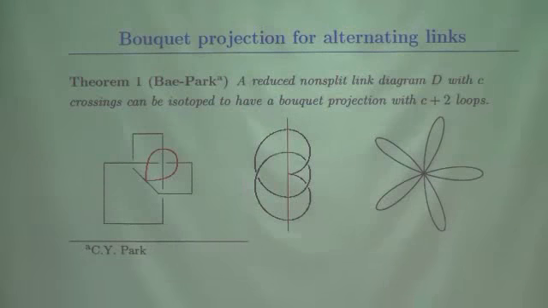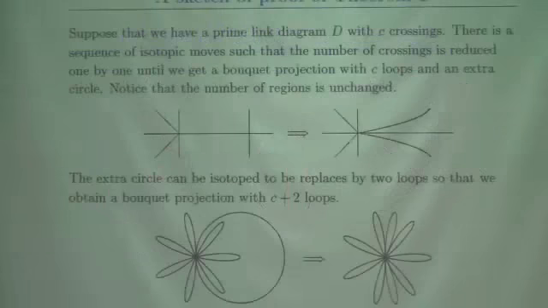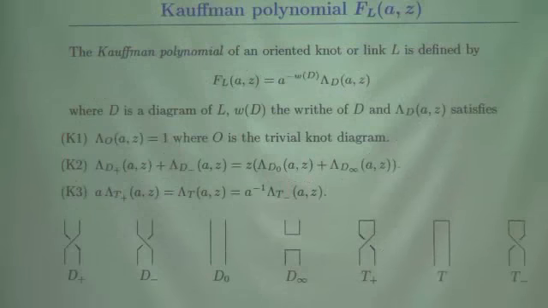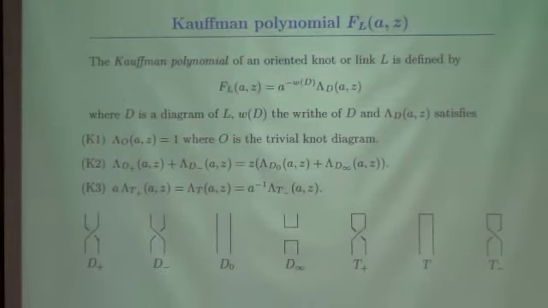So if a knot or link has minimal crossing number C, then the arc index is not bigger than C plus 2. Okay, and we need the Kauffman polynomial for the lower bound of the arc index.